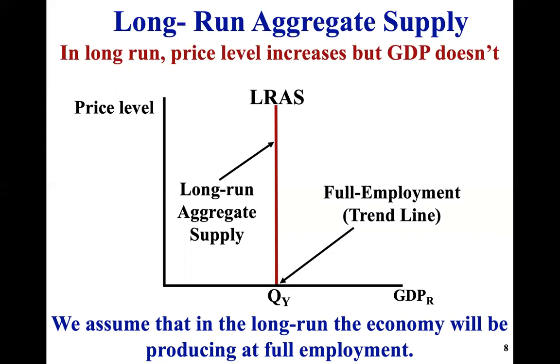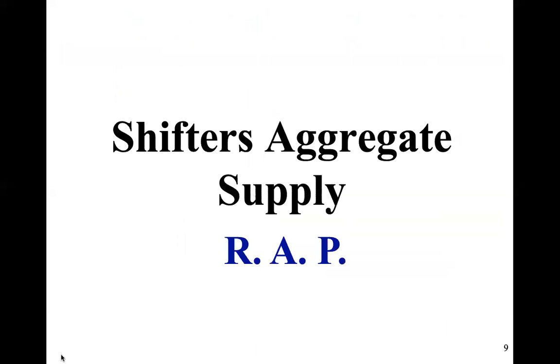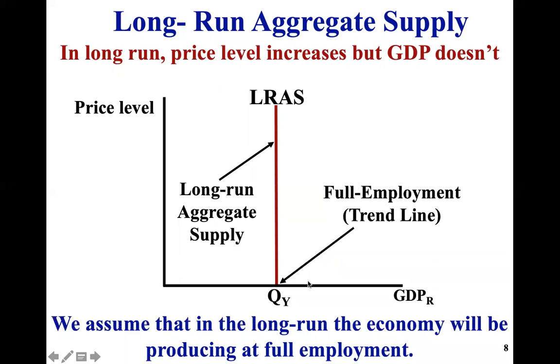And what we're going to assume is that in the long run, the economy will be producing at full employment. And that's an idea that we've expressed with the business cycle trend line, right? We're going to have these ebbs and flows, but eventually we're going to settle along that full employment output. That's the same as the LRAS curve in the ASAD model.